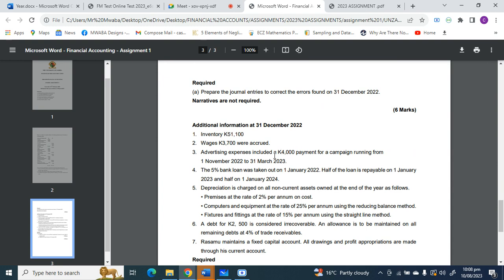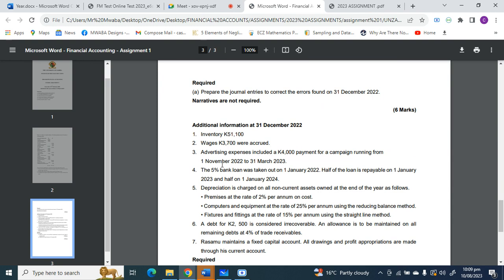All right. So the first thing we need to do is find out how much of this advertising expense was incurred from 1st November to the end of the year, 31st December. But before we do that, let's calculate how many months are from 1st November 2022 to 31st March 2023. November, December, January, February, March. 5 months.